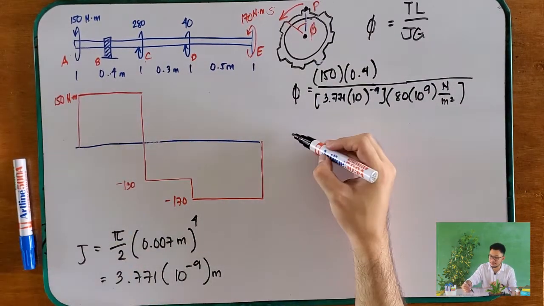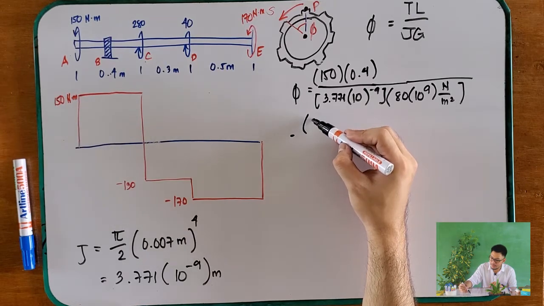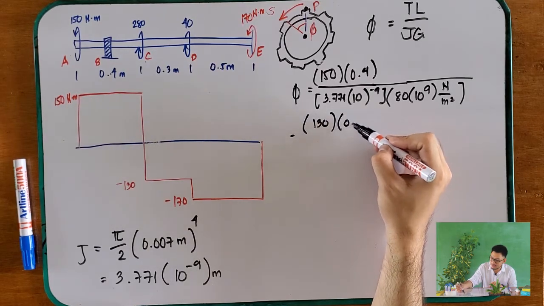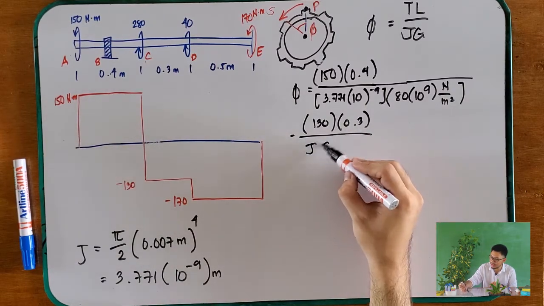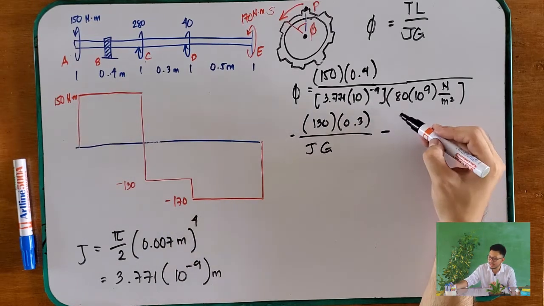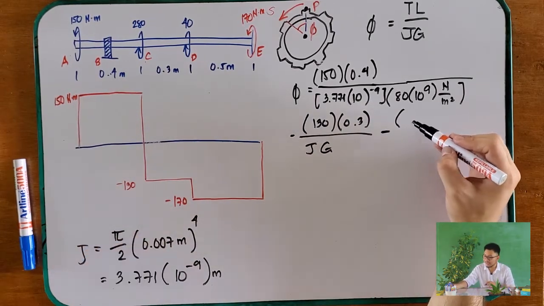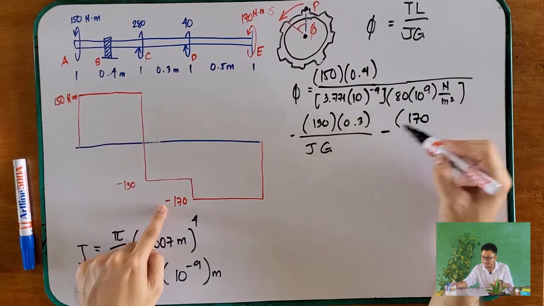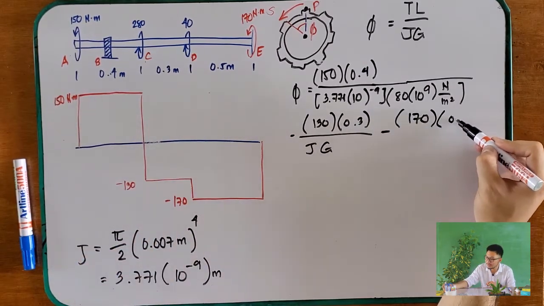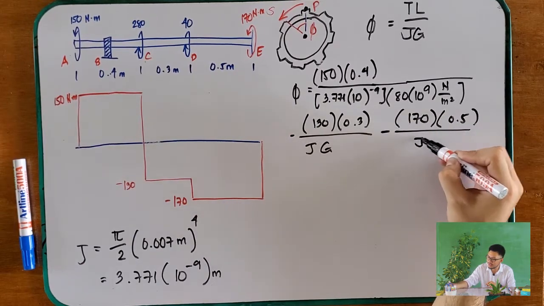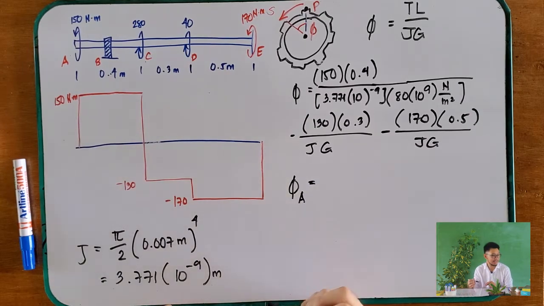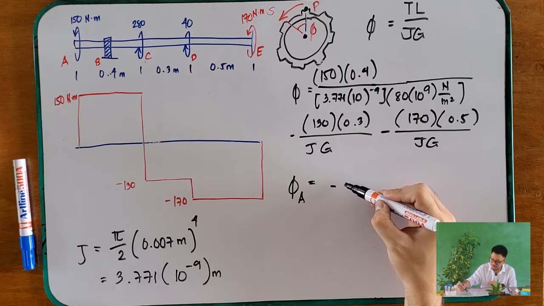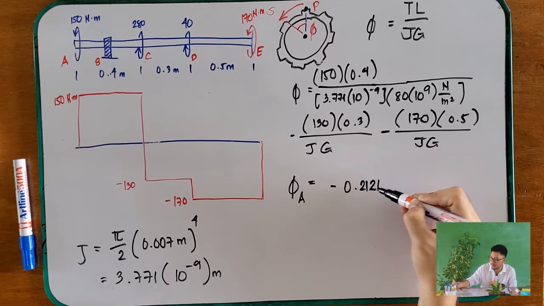Next, negative. So, minus 130 times 0.3 over J, which is this one, and G, which is this one. Kapoy na suwat. The next is negative 170 times 0.5 over J and G. So, therefore, your phi at A, your angle of twist at A, is equal to negative 0.2121 radian.